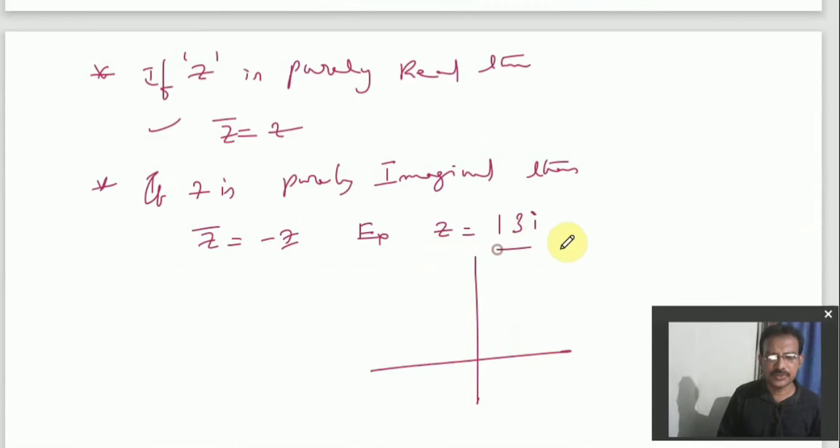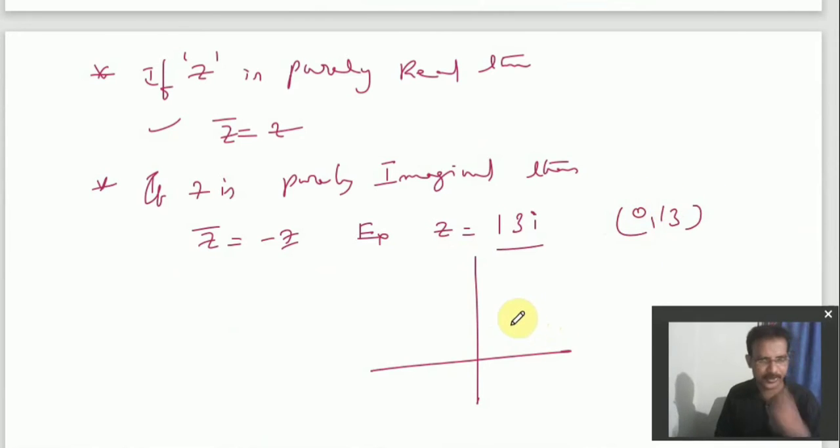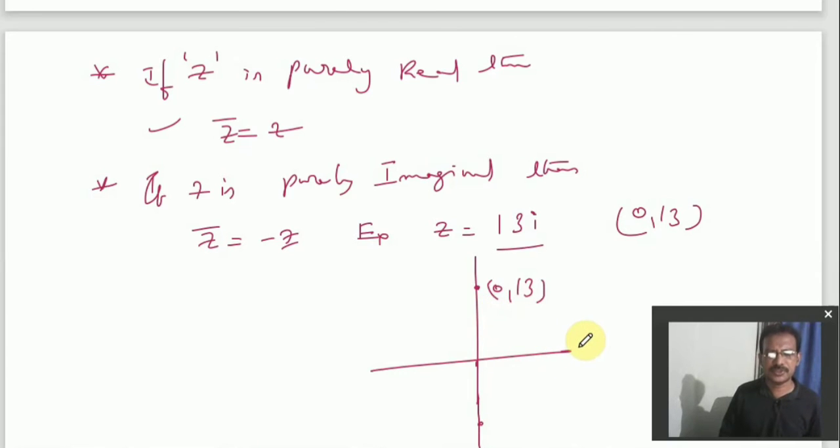It can be written as (0, 13), the corresponding point in the Argand plane, so you get this point on the y-axis. What is its reflection? It will be the reflection of this point with respect to the real axis. This is the real axis, this is the imaginary axis. So its reflection is (0, minus 13).